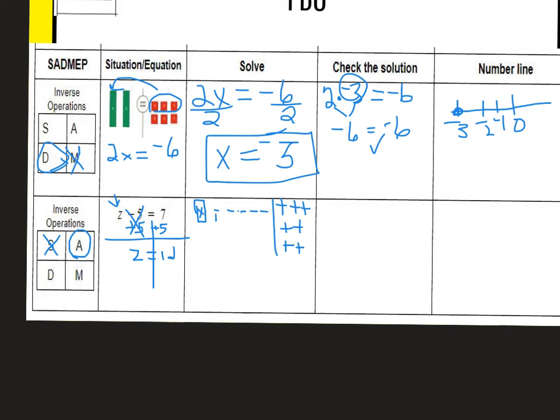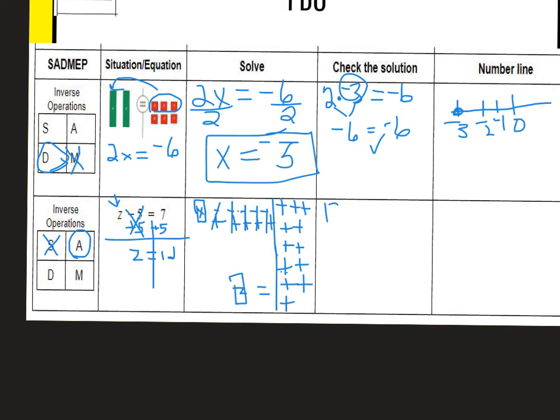I have to bring in 5 positives, and what I do to one side, I do to the other side. These form 0 pairs, but notice I can't make any 0 pairs here. So therefore, z is equal to 12.